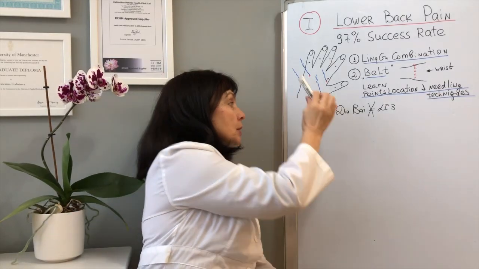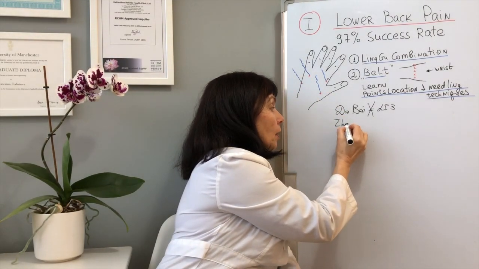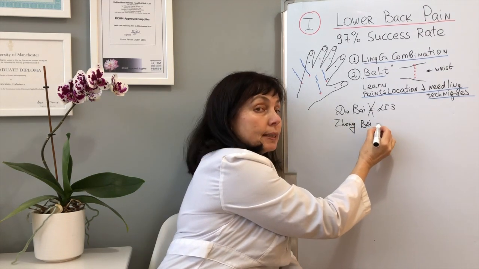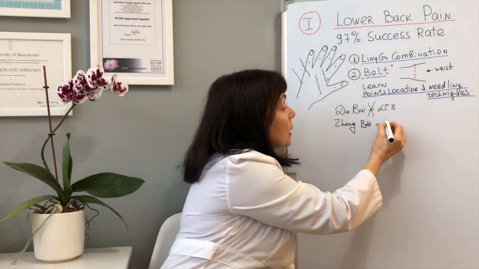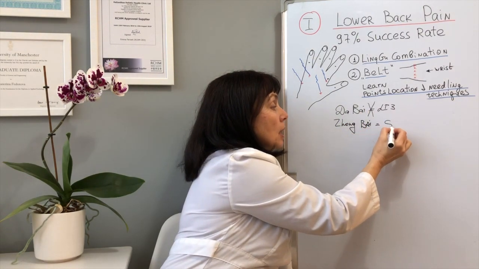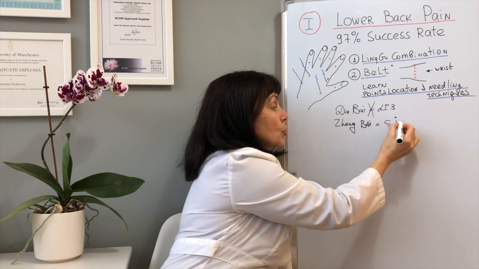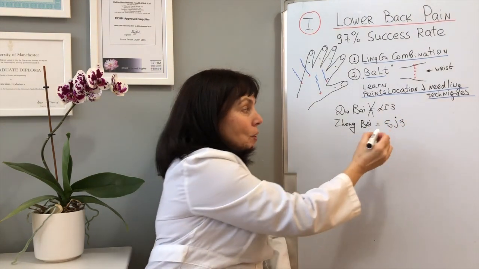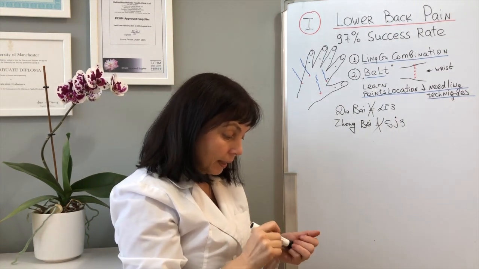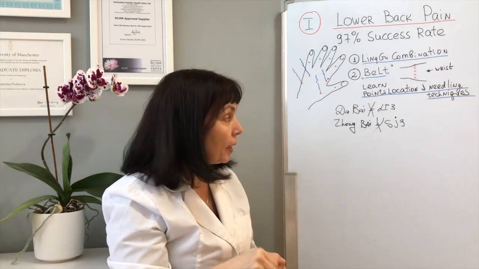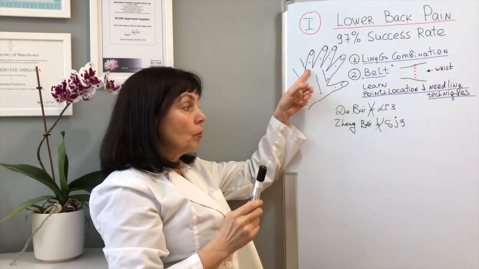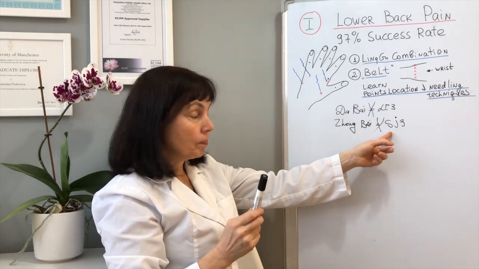The next point is Zongbai. In some books, it says that this point is the same as San Jiao 3, which is not correct. Zongbai, in our case, in order to treat low back pain, will be slightly below San Jiao 3.